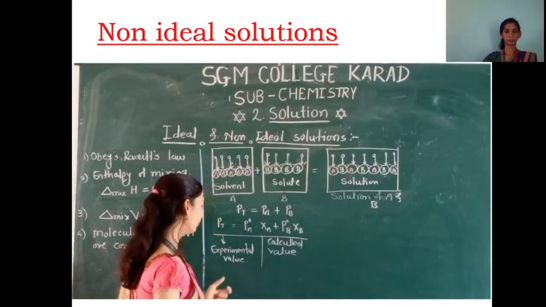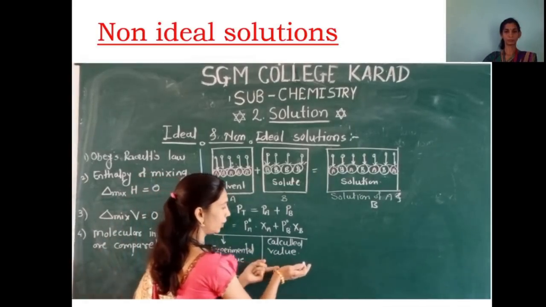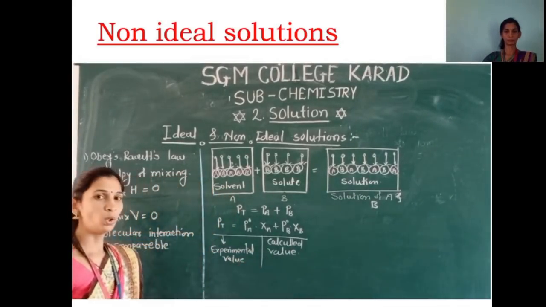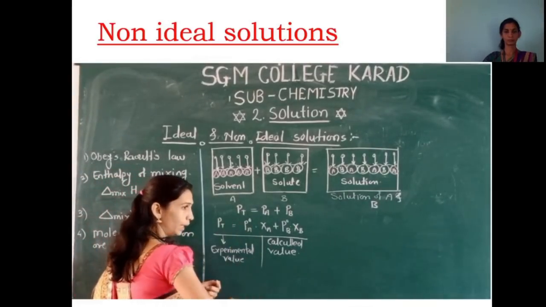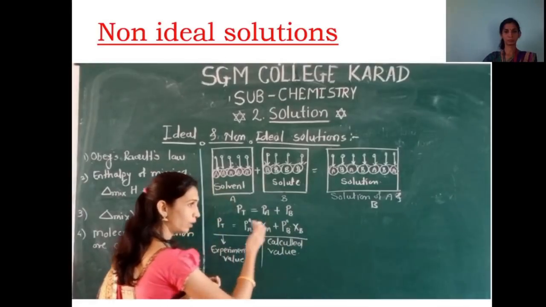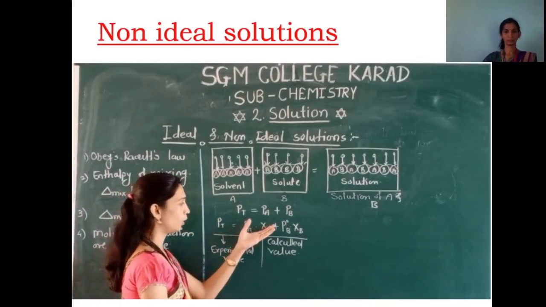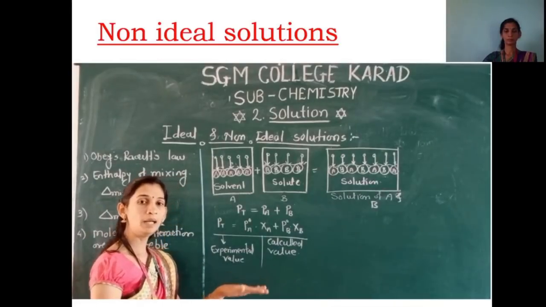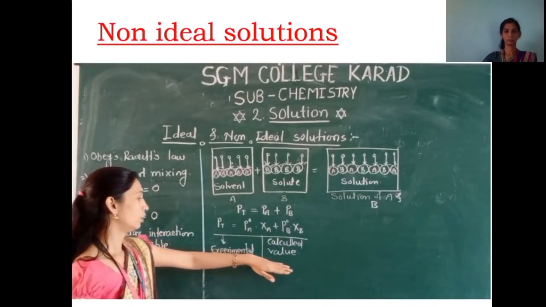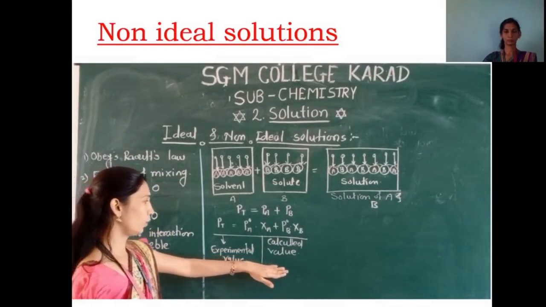See here what happened? The experimental value and calculated value both have a difference. That means this value is greater than the calculated value, or this value is less than the calculated value, depending upon these equations.